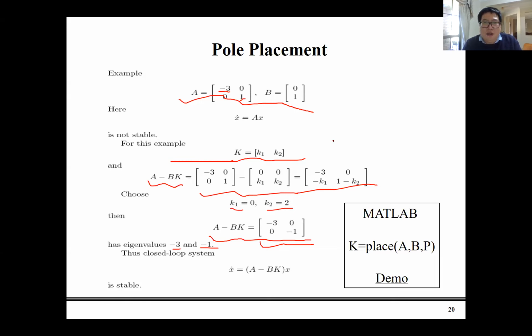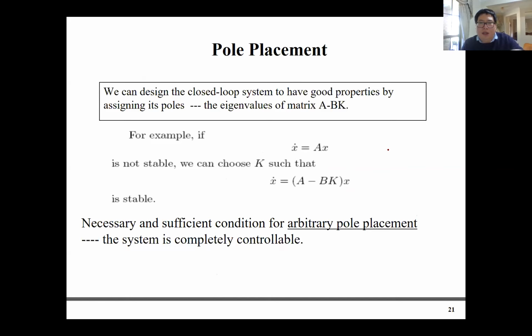Which means if you use state feedback control, then you have A minus BK. Then if you choose a proper K, you can make your system stable. You can make the closed loop system stable. All right, so that is the pole placement. I do have some examples, and I'm going to show you a little bit later.